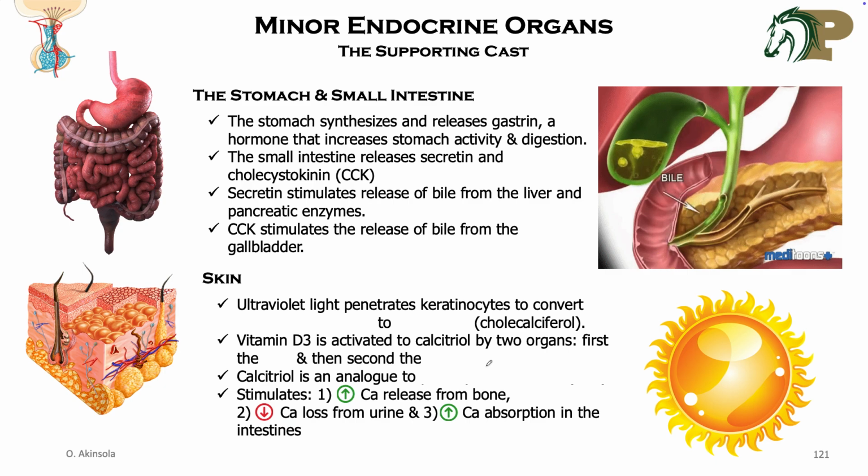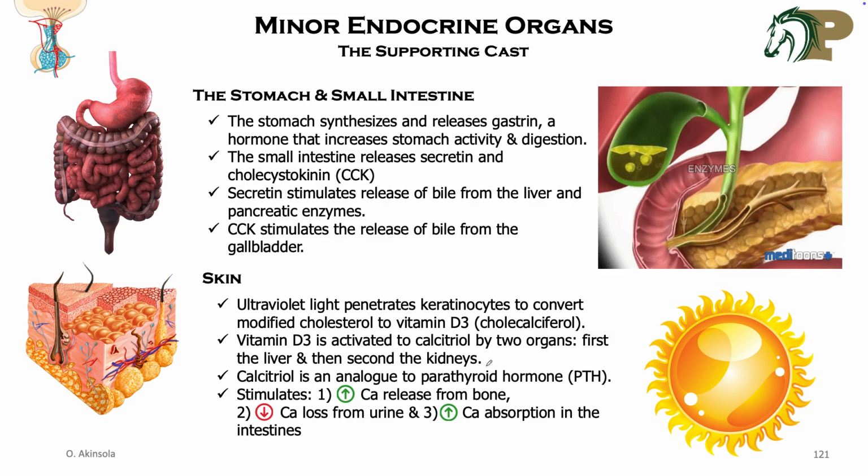The skin, so ultraviolet light will penetrate keratinocytes to convert modified cholesterol to vitamin D3, also known as cholecalciferol. Vitamin D3 is then activated to calcitriol by two organs, the liver and then the kidneys. Calcitriol is an analog to parathyroid hormone, so it's going to do everything that parathyroid hormone does.